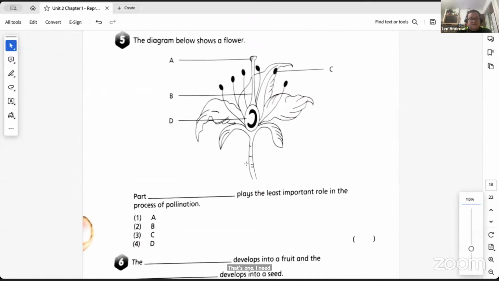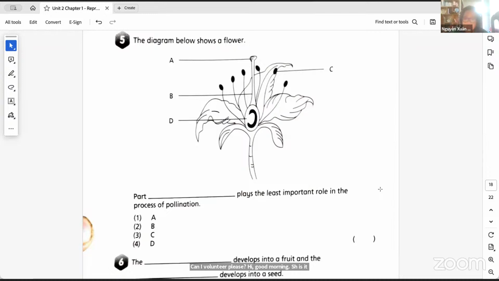Okay. This diagram shows a flower, all right? Which part, A, B, C, or D, plays the least important role in the process of pollination? Students, bear in mind that the key word is least important role during the process of pollination. Can I have a volunteer, please? Hi, good morning. Xuan, is it?